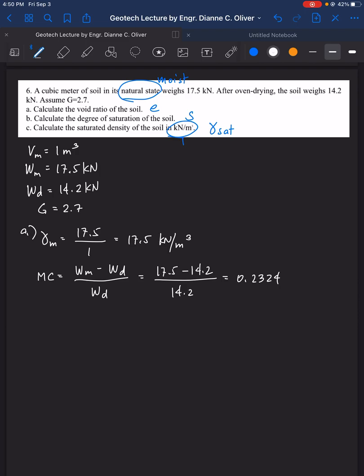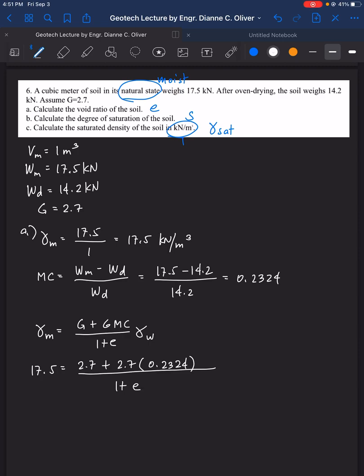0.2324. Okay. Now we have here gamma moist is equal to G plus GMC over 1 plus E gamma of water. So gamma moist is 17.5 equals 2.7 plus 2.7 times 0.2324 all over 1 plus E gamma of water in kilonewton per cubic meter, and that is 9.81 kilonewton per cubic meter.